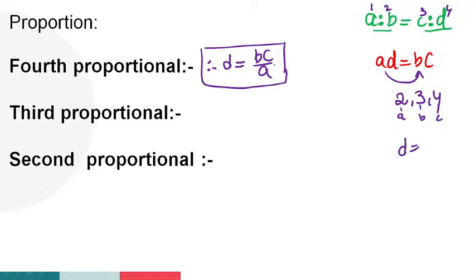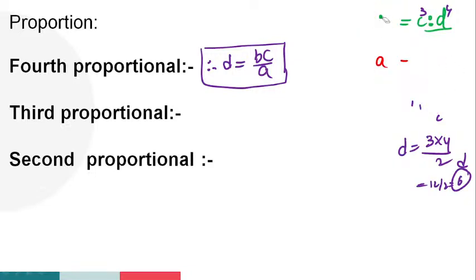What is the fourth proportion formula? D is equal to BC by A. The BC value is 3 into 4 by 2. 3 fours are 12, 12 by 2 is 6. So the D value is 6. Just remember only the formulas. What is the fourth proportion formula? D is equal to BC by A. Clear, all of you?